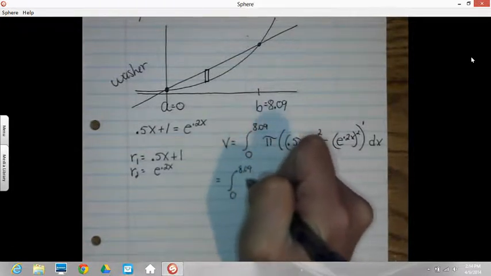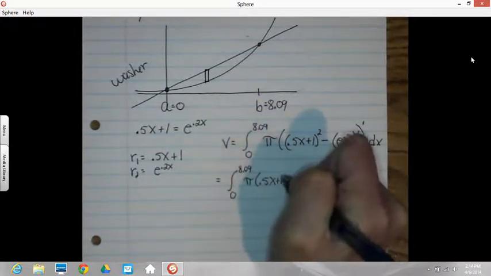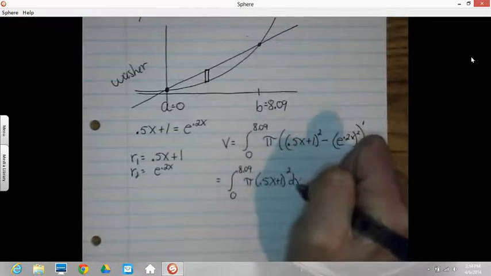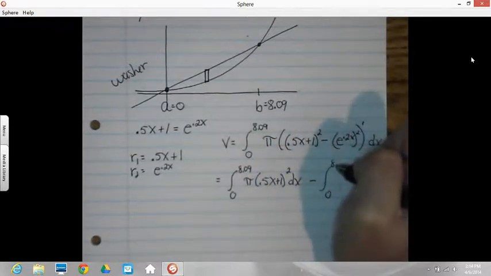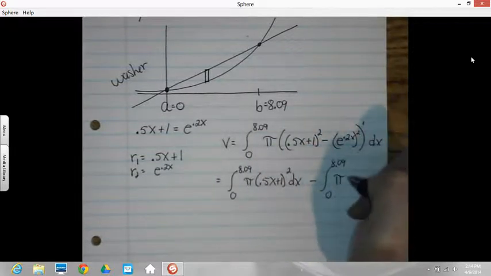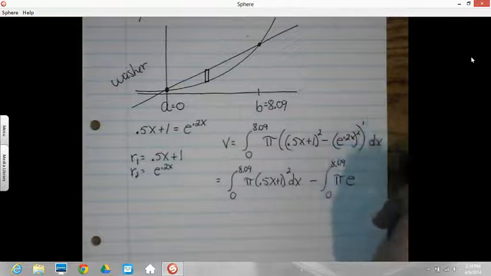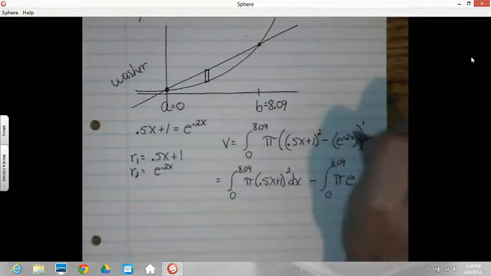And I'll subtract the integral from 0 to 8.09. The pi is with this one also, times e, and I think I will take the time to multiply this together because I can. Remember, a power raised to a power you multiply, that's going to give me 0.4x dx.